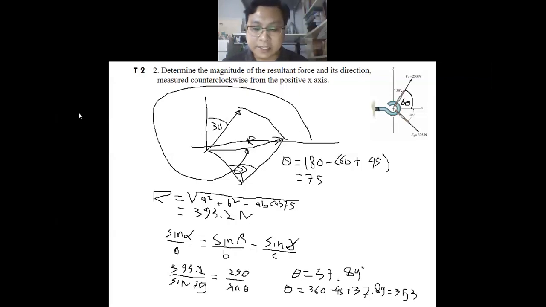For number 3 until number 7, we use the same method, just repeat. We use a formula, and as in number 1, if you have two forces, you can use the resultant formula.